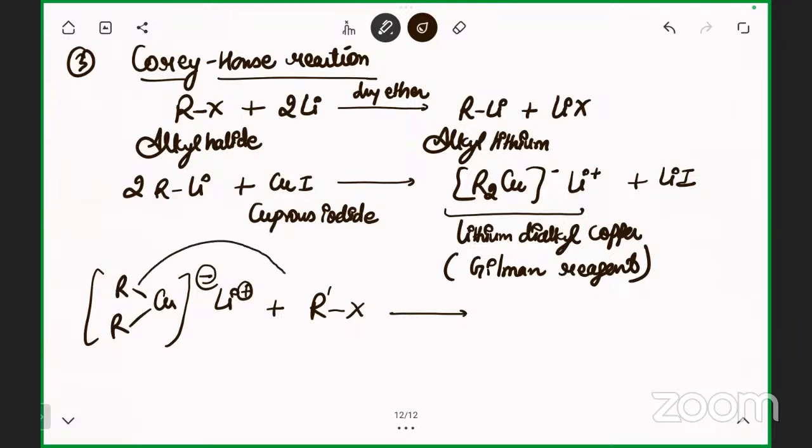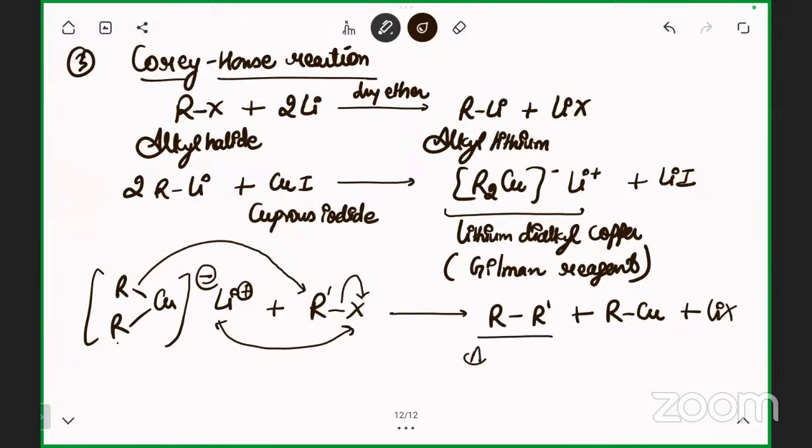One of the R groups comes to this one and X goes out, so it forms R-R dash. One R remains with the copper as alkyl copper, RCu, and Li reacts with X to form lithium halide, LiX. Clear?